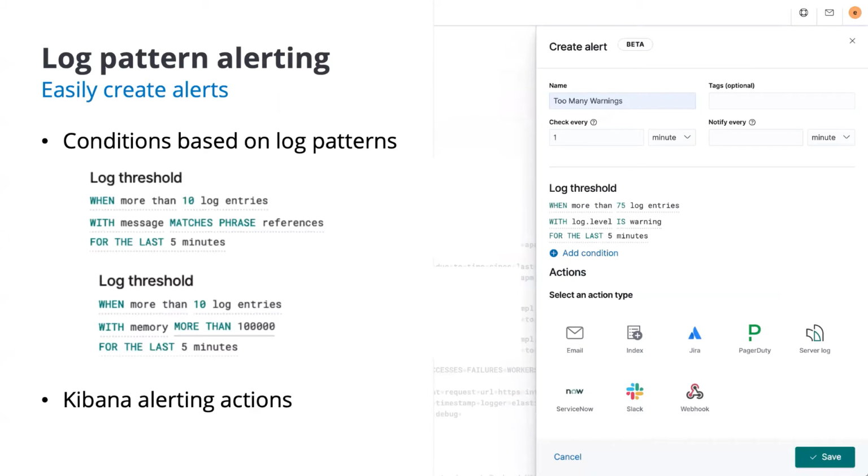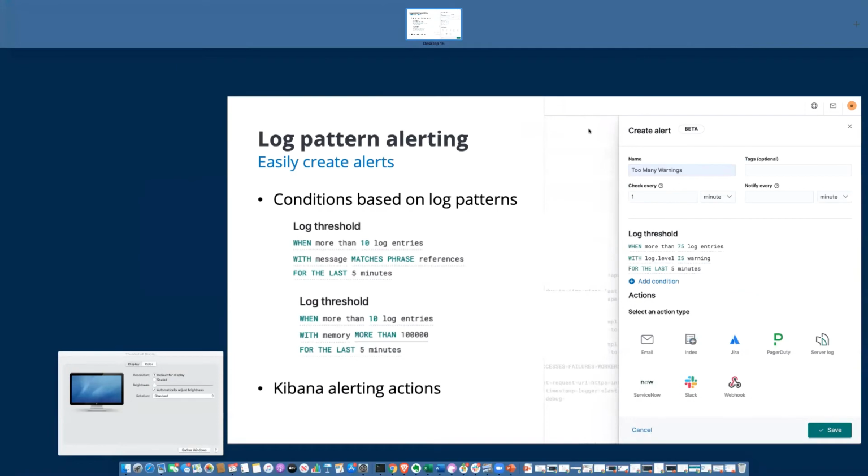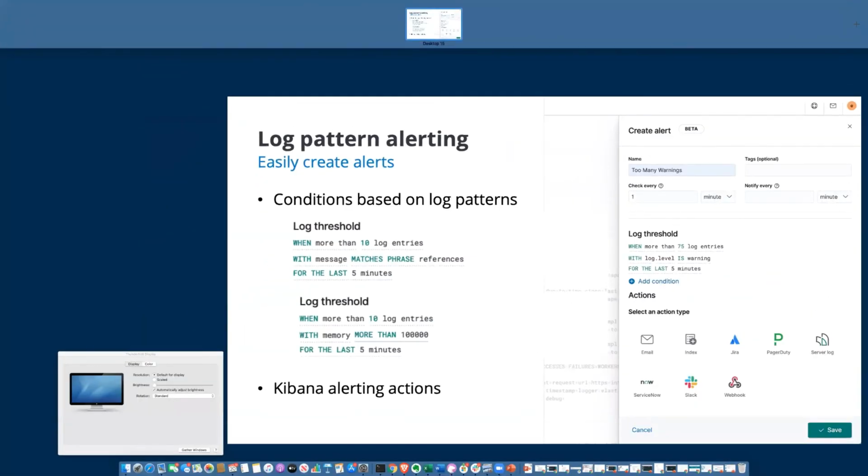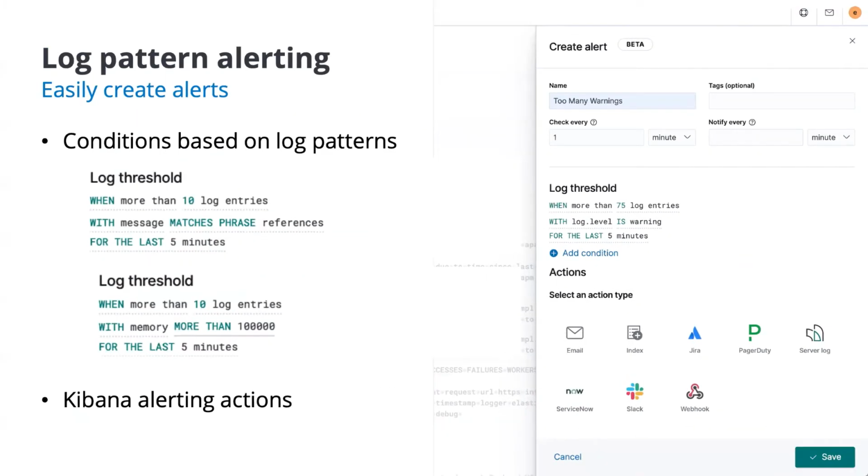So log pattern alerting. You could actually write alerts right out of your log UI. You could give it a name, give it a tag, and define the condition where you want the alert to be raised. So you could say when, and then what is the condition, and then you could say with the condition.